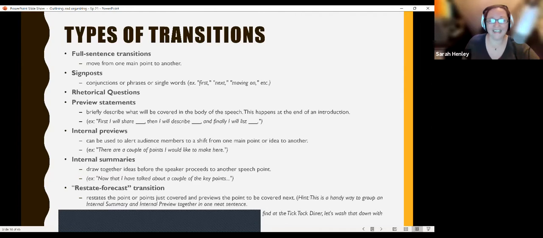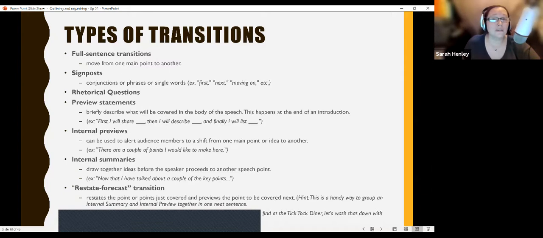On the other hand, that's a very specific phrase that we use for transitions. But we might use first, next, moving on. You can also use conjunctions, not to get too grammar-y here, like because, and, so, since, after. Those sorts of words are all perfectly fine signposts.